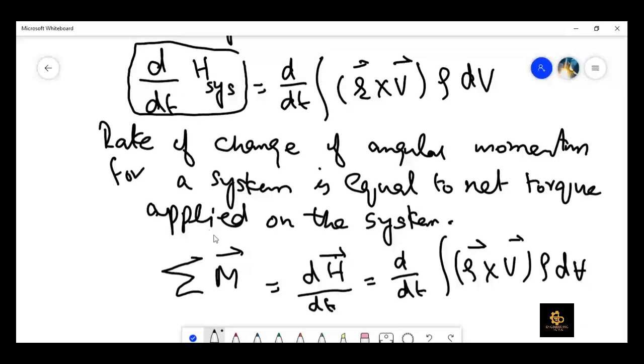the correlation between the system approach and the control volume approach by using the Reynolds transport theorem. So let me write here the general form of the Reynolds transport theorem.